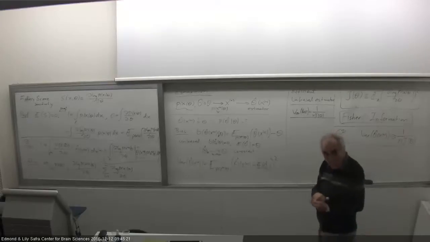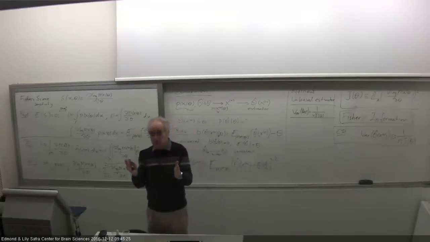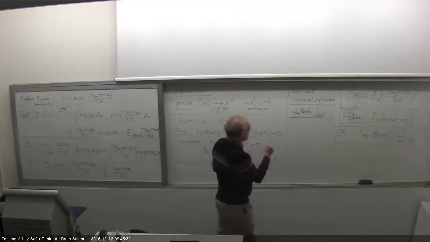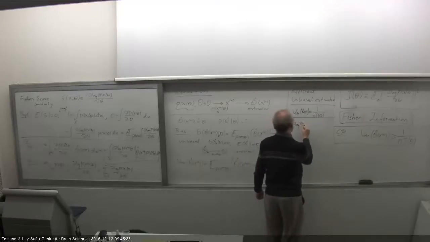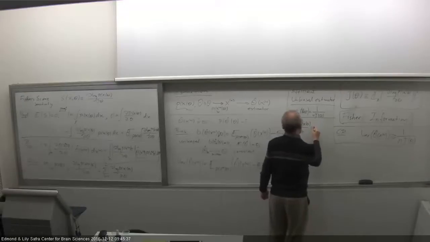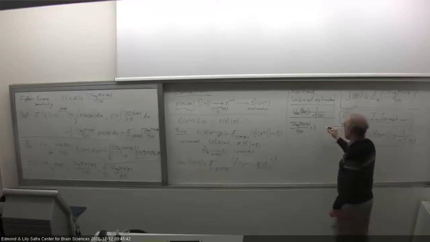Or in other words, this happens when these two vectors are proportional or parallel. So equality will happen if the score is proportional, so let's put some constant lambda, to the estimator.